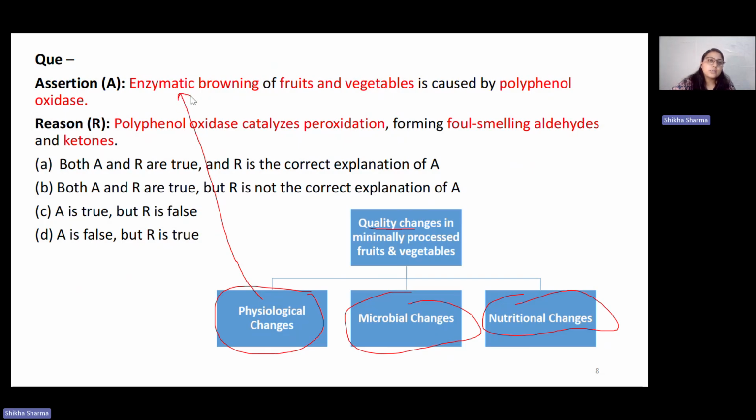So here we are discussing enzymatic browning of fruits and vegetables, basically caused by polyphenol oxidase. And the reason is saying that the polyphenol oxidase catalyzes peroxidation and forms false smell, aldehydes and ketones. So we need to tell if the assertion and the reason are true or false, and if the reason is correctly explaining the assertion or not.